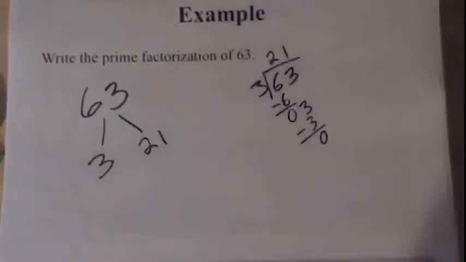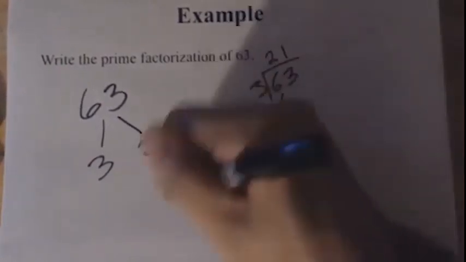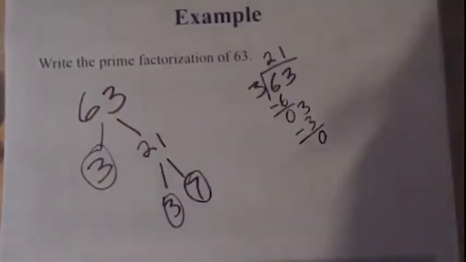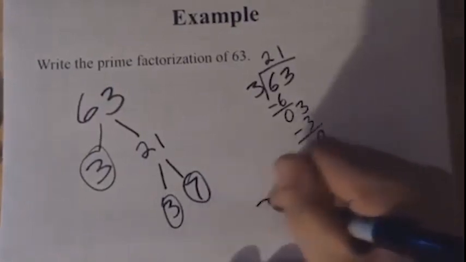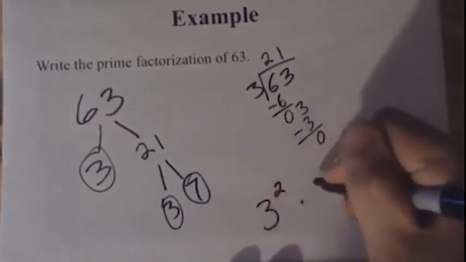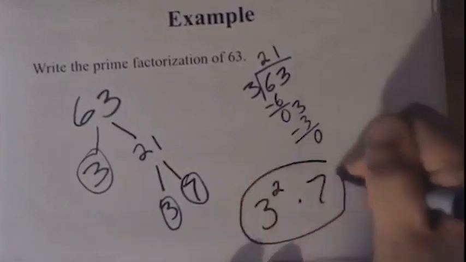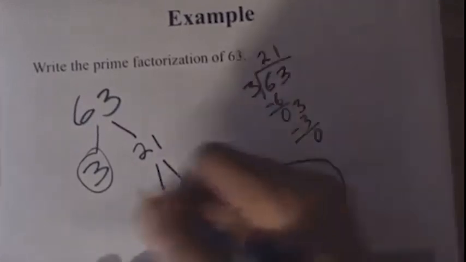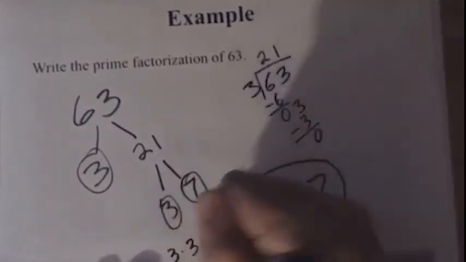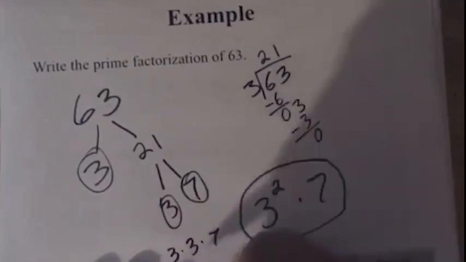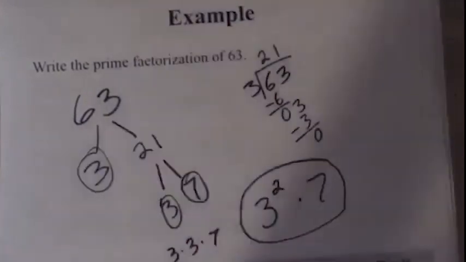No remainder, just like we want. So 63 is 3 times 21. 21 is 3 times 7. So we end with primes. 3 times 3 times 7. That's 3 squared times 7. Because this is 3 times 3 times 7, and we would write 3 times 3 as 3 squared.